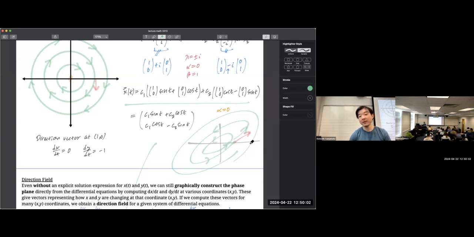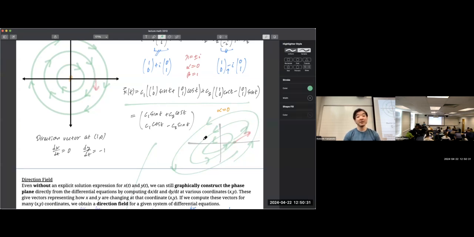So just be careful that the direction vector for the stable spiral case will determine the shape of your orbits. They have to be tangent to it. If it's off like this, then it's not going to be a perfect circle. This one does capture the fact that the tangent here has to be purely down.